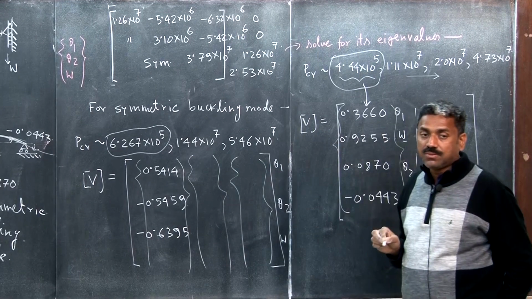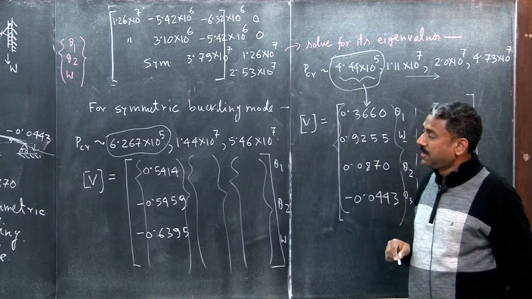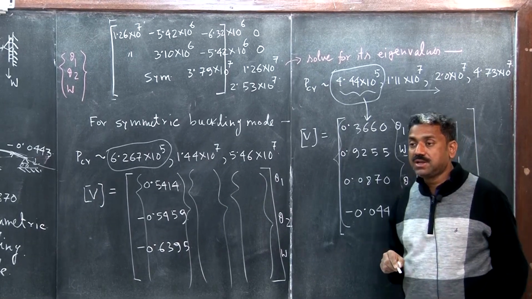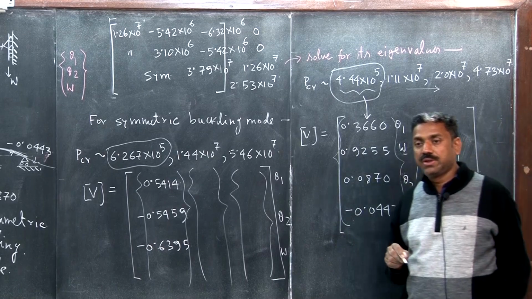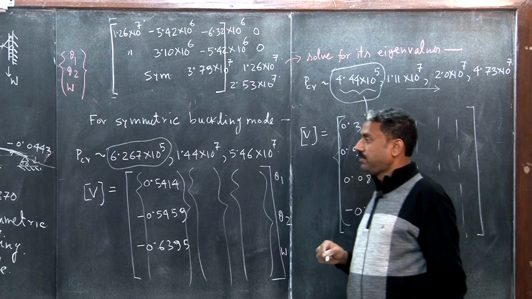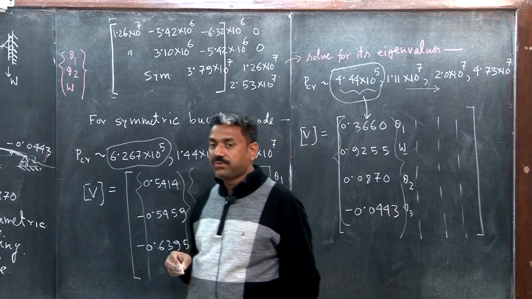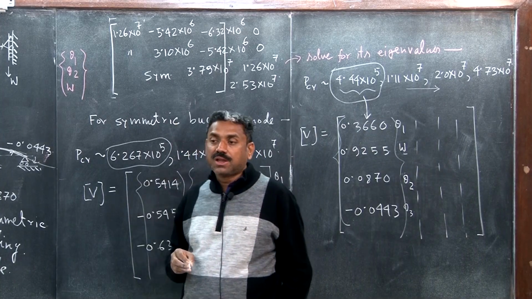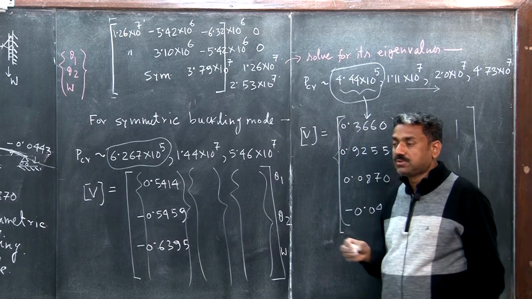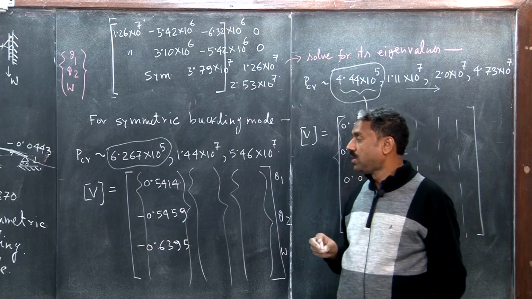So as far as the given frame is concerned, the lowest critical load is given by the antisymmetric mode, right. So please note down the critical load as well as the respective buckling mode shape. Okay. Now, higher buckling mode shapes could have also been drawn. I didn't do it. Okay.